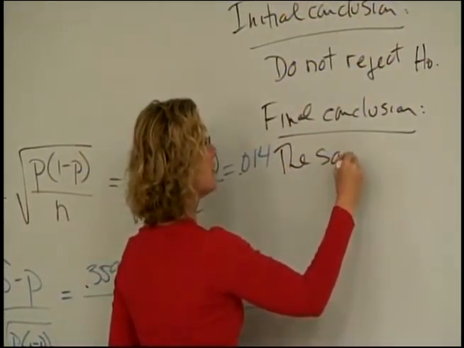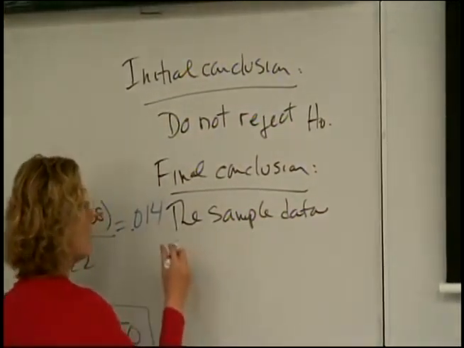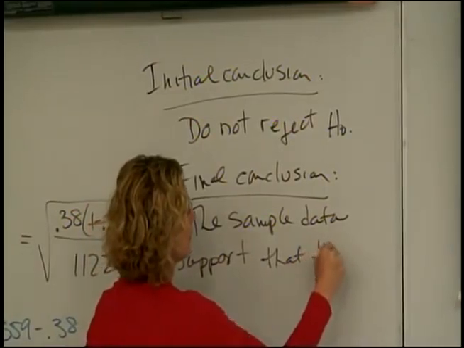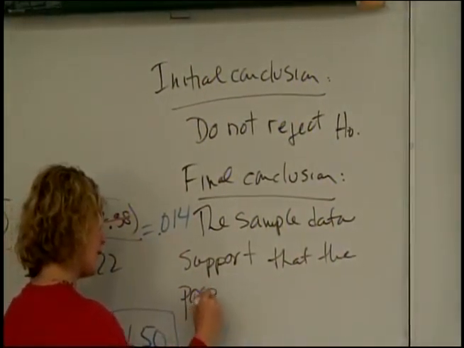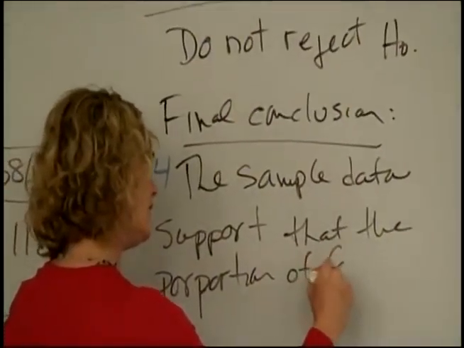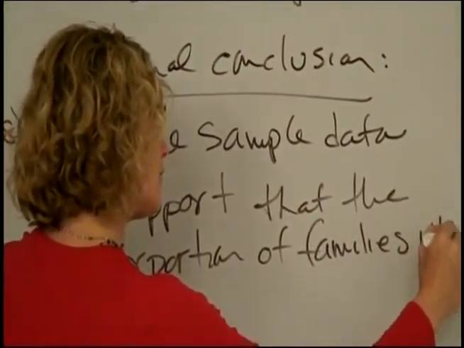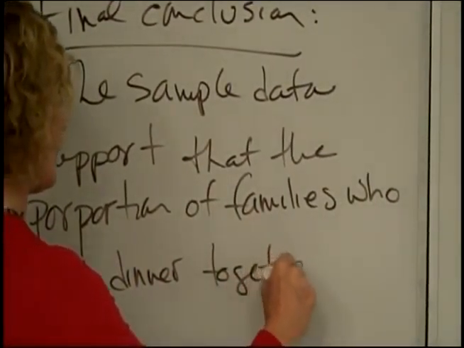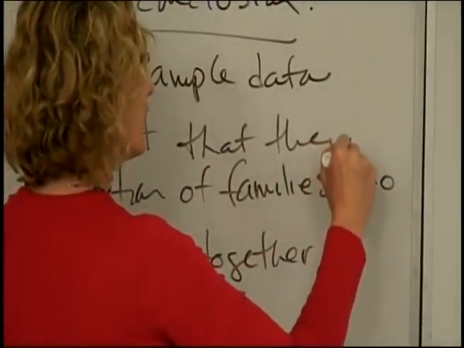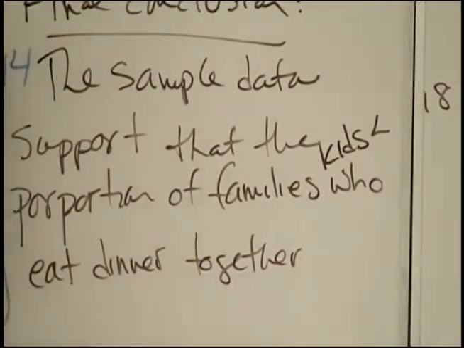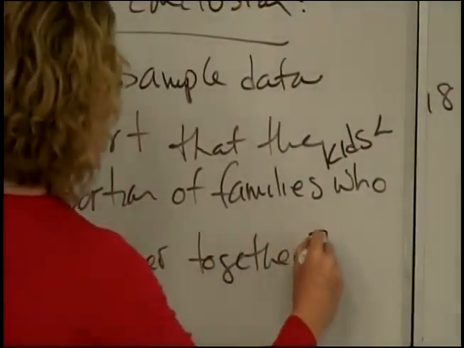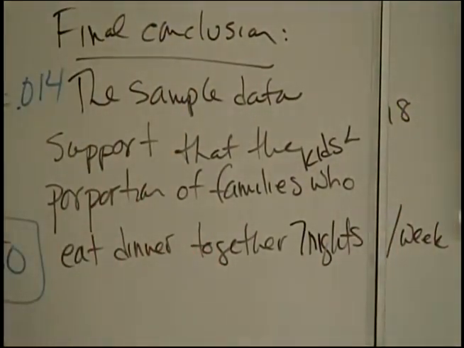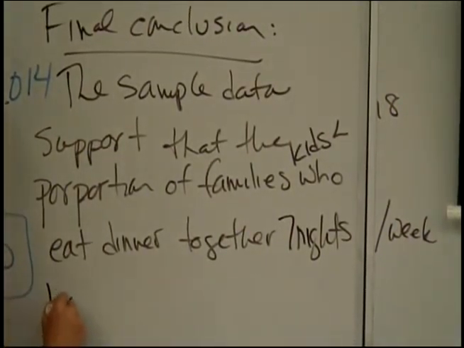The sample data support that the proportion of families, kids under 18, who eat dinner together 7 nights a week has not decreased significantly.